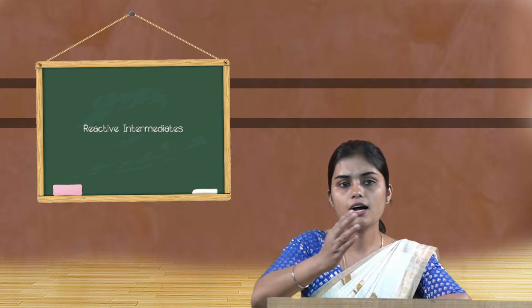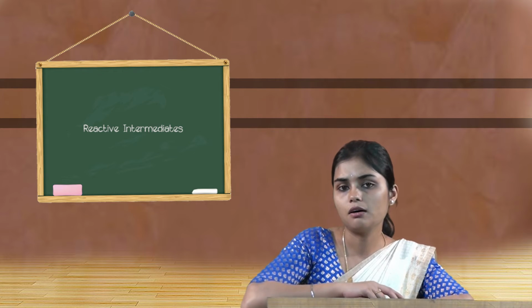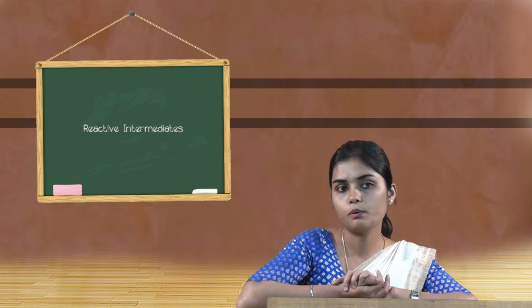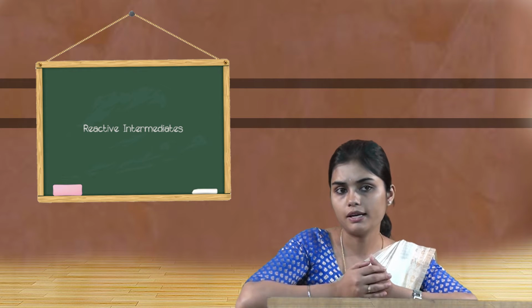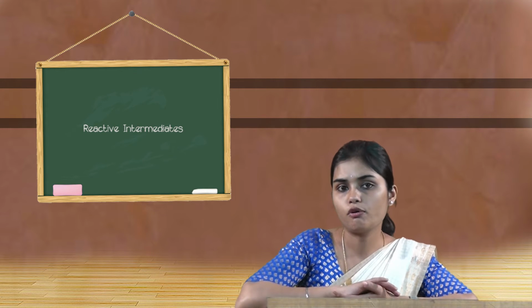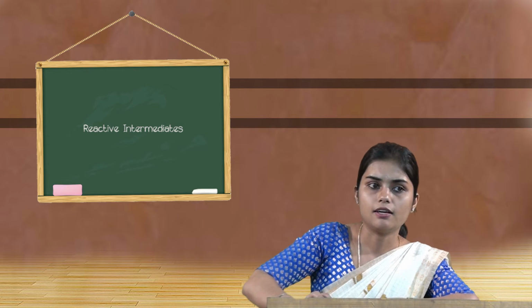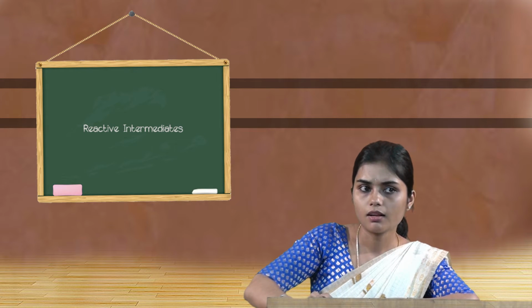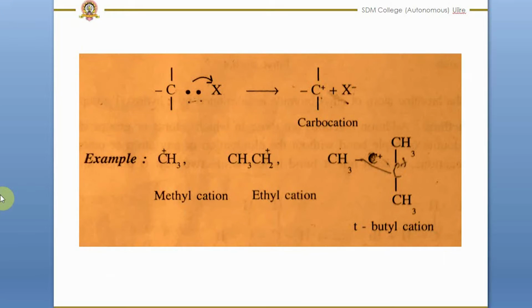So this is how the covalent bond is broken, that is, heterolytic breakage of a covalent bond leading to the formation of the carbocation. And carbocations are electron deficient species. They get stabilized whenever they are present with electron releasing groups like alkyl groups.